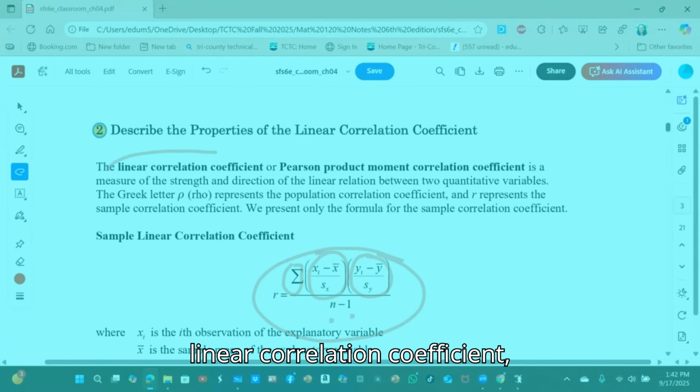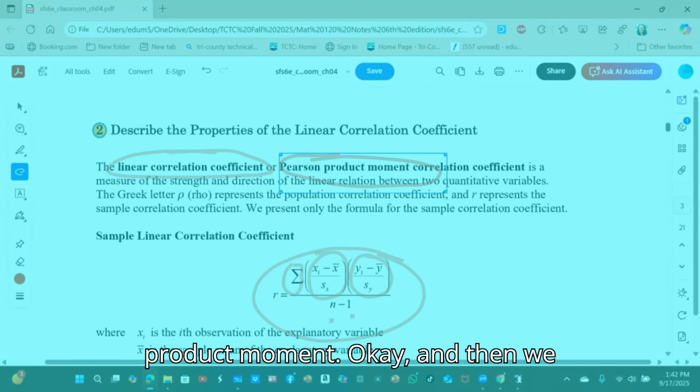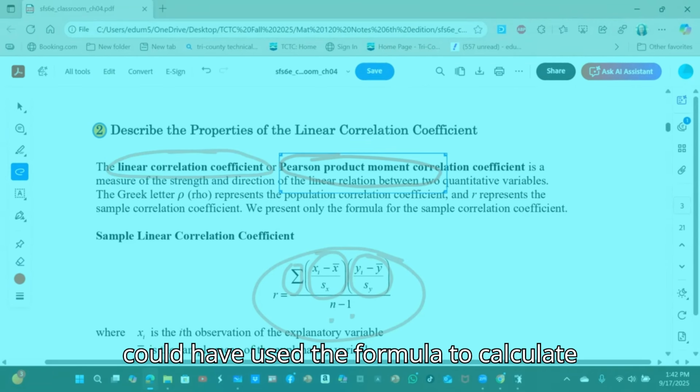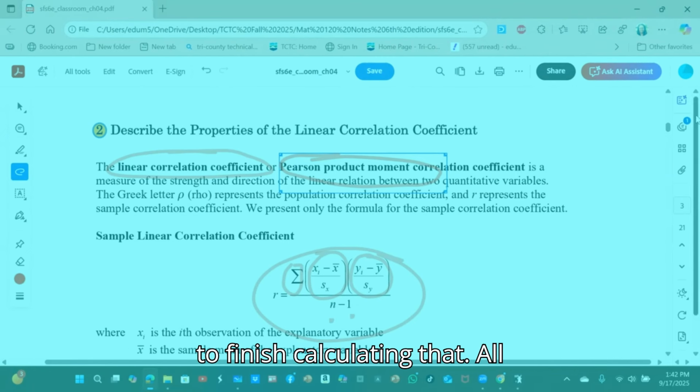The linear correlation coefficient, which we just found, is R, or sometimes it's called the Pearson product moment. We could have used the formula to calculate this, but that would take the whole class to finish calculating that. All right.